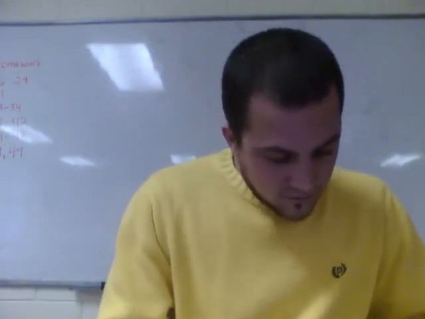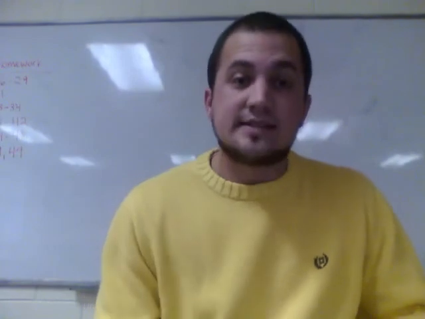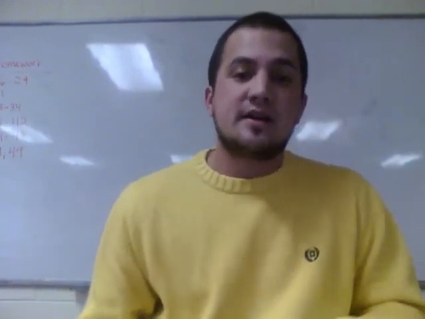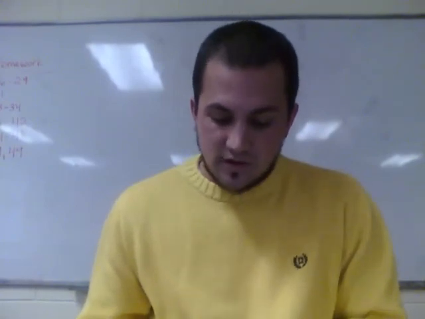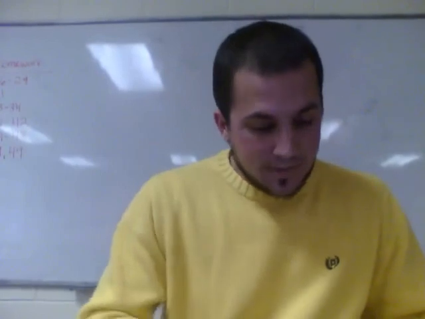As we move on to B, it says find the number Z such that 22% are greater than Z. Well, if 22% are greater, that means 78% or less. So you look in Table A for the Z-score that has 0.78, and that'll give you number 42.